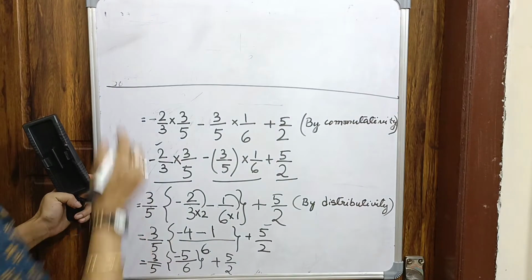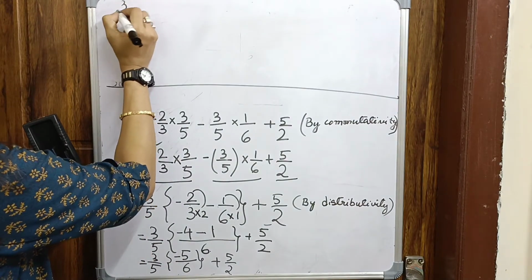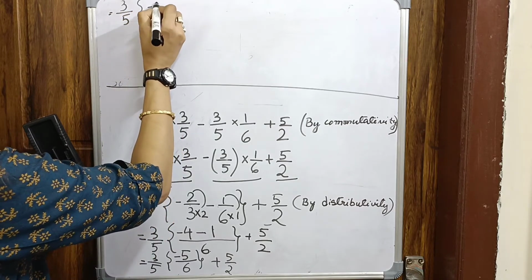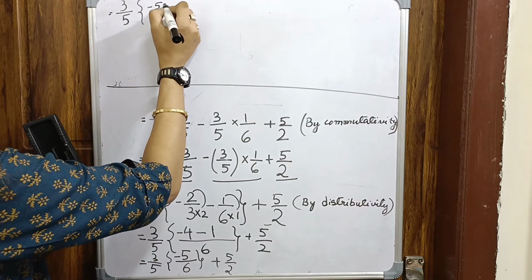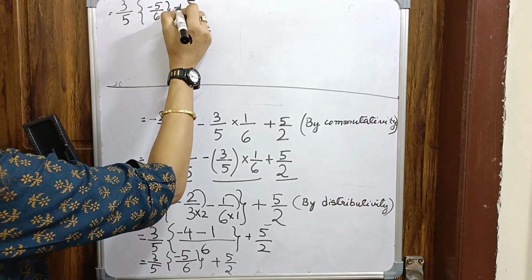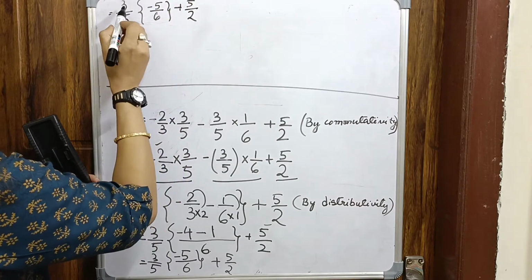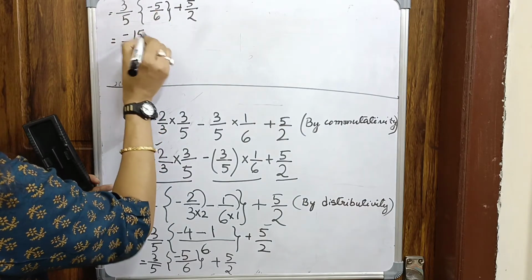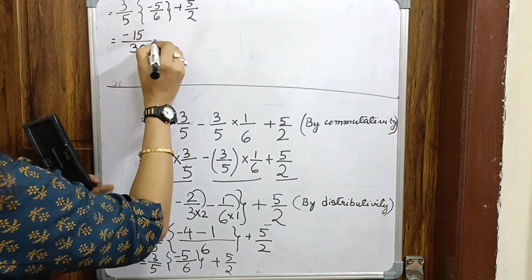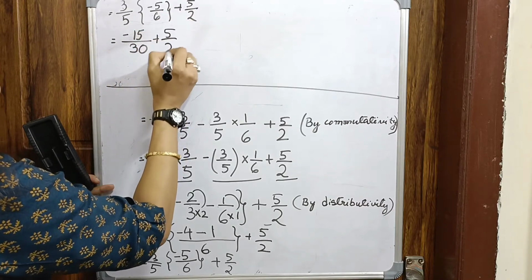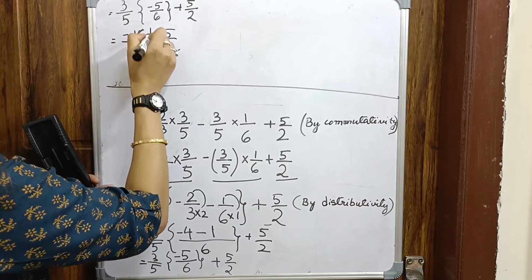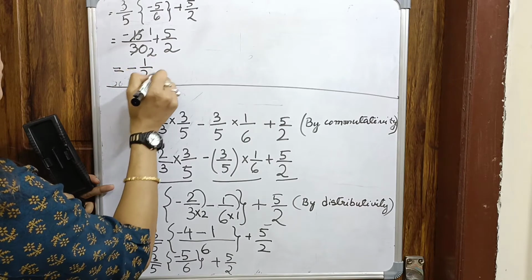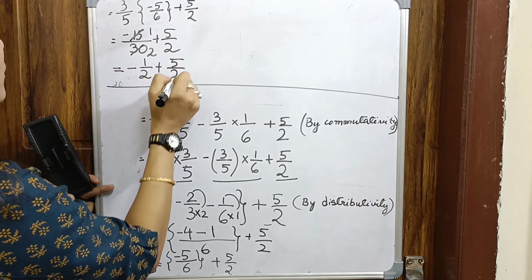So here see, 3 by 5 into 5 by 6 minus 5 by 6 plus 5 by 2 equals 3 into 5 is 15, and the sign is plus into minus is minus, 5 into 6 is 30, plus 5 by 2. So here 15 ones are 15, 15 twos are 30, equals minus 1 by 2 plus 5 by 2.